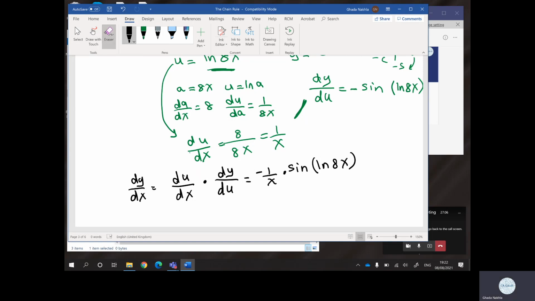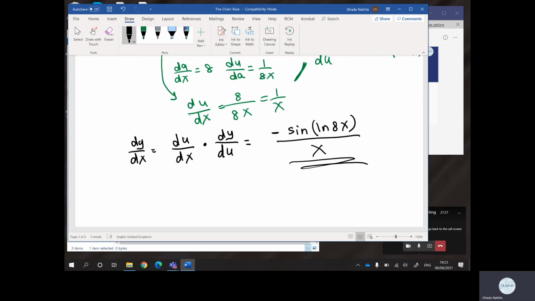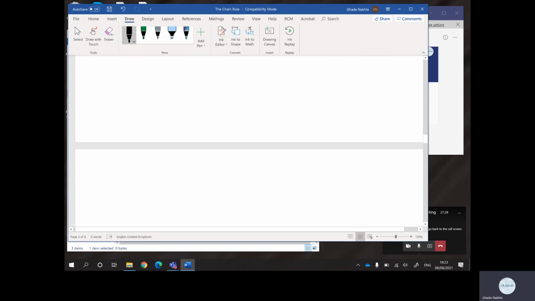Or in other words, if we want to simplify this, we can say all of that over x, so minus sine ln 8x over x. That is the derivative of y equals cos ln 8x. Let's try one more.